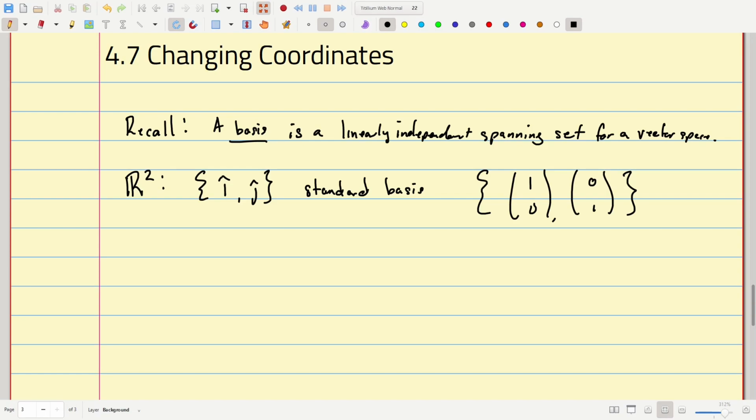And then also, just so I don't forget to mention it, it is generally the convention to use E with a subscripted number as the notation for a standard basis in a general vector space.